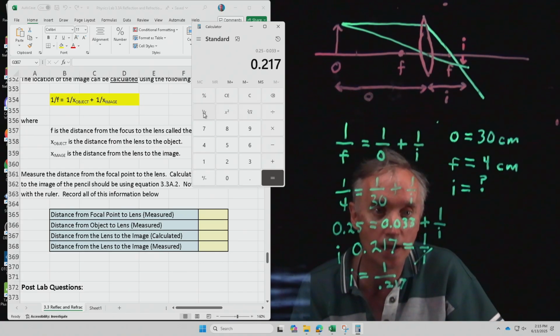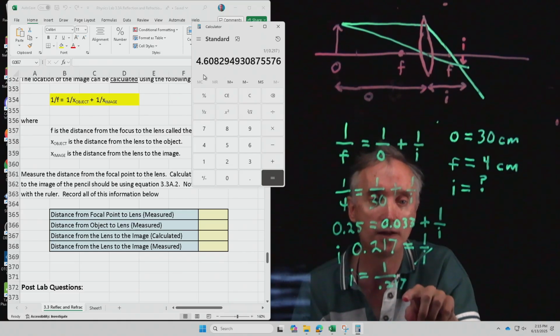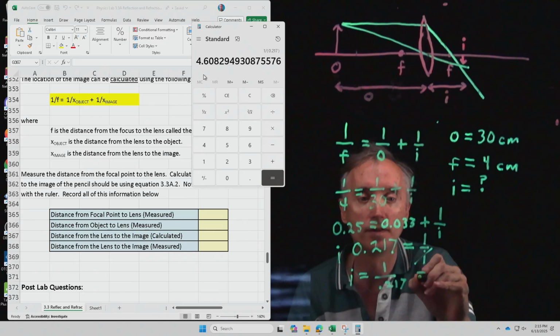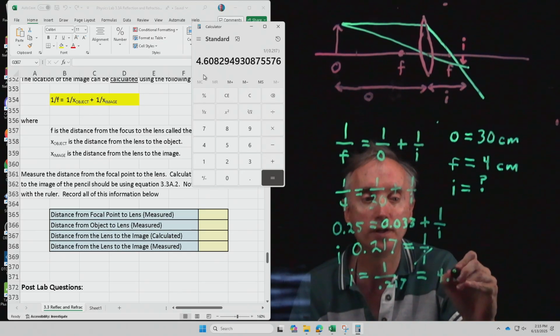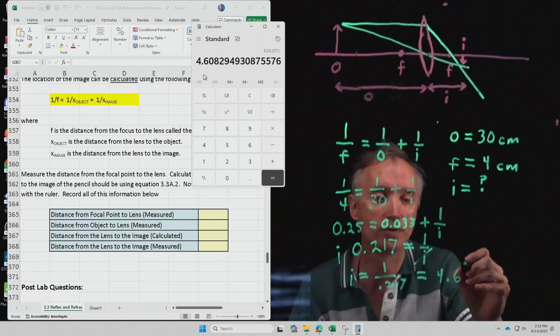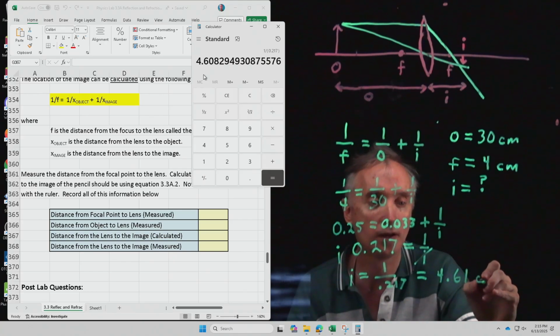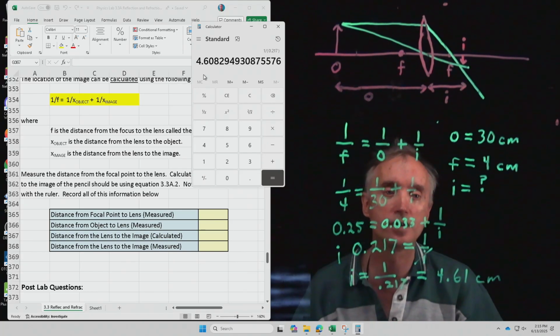So if you press that, it flipped it. So it took that number, 0.217, and it flipped it for you. And so then this is equal to 4.6. And if you want to go to 3 significant figures, 4.61 centimeters. So that's how you're going to use that formula.